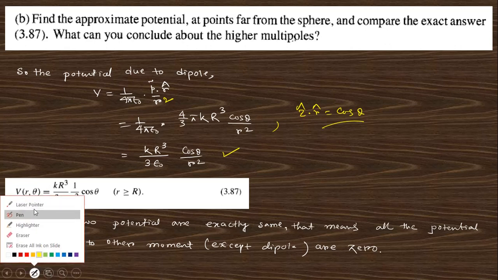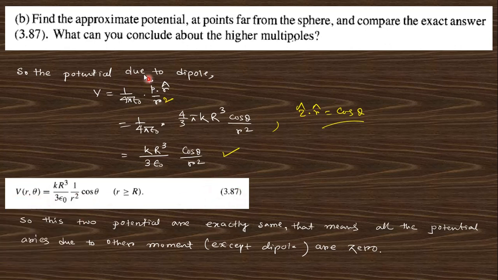You can see that equation 3.87 says the potential will be k R q by 3 epsilon naught, 1 by r square, cos theta. So these two match exactly, which means the potential from the dipole is exactly equal to the potential at this point due to all the multipole moments.